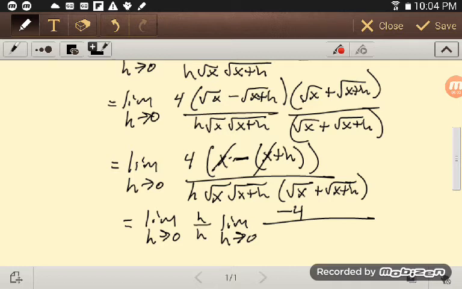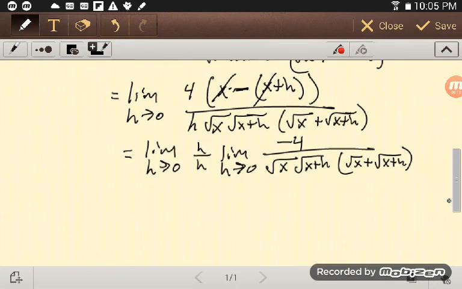And the bottom here, I got this square root of x plus h, and then times square root of x plus square root of x plus h. Now this is 1, and I can do my direct substitution over here, and so I get minus 4 over. Now, I put in h equals 0, so that disappears.